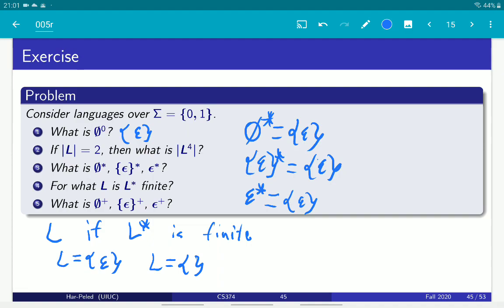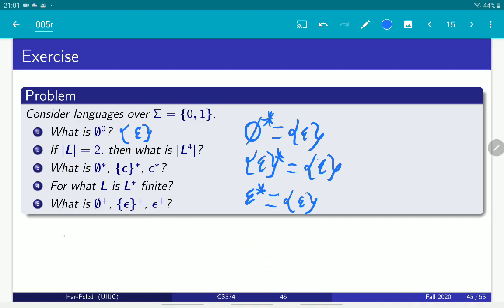Okay, let's do maybe the final question, which is, what is empty set plus? Here, this is just going to be the empty set, to distinguish it from the star case.